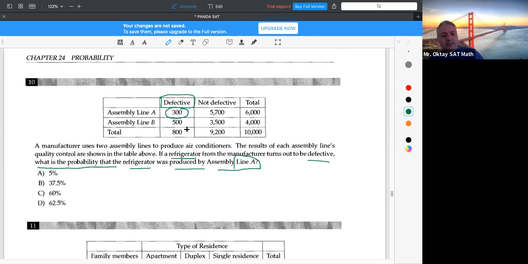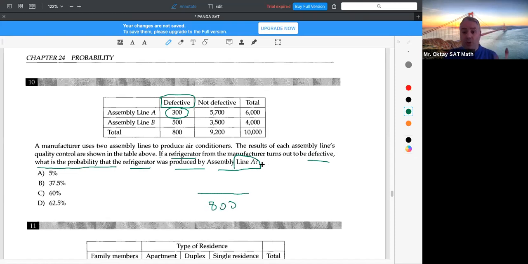and defective is 300. So what should I do? Think a little bit. If a refrigerator from the manufacturer turns out to be defective, so the denominator or sample space, I think we should call 800. Why?